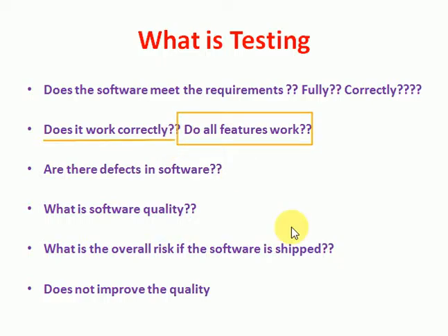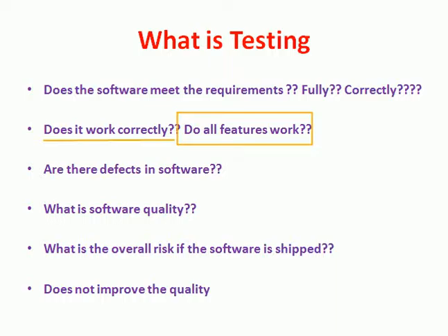Testing means executing the software. So we have to do some operations in the software, we have to enter some data, we have to do some process in the software, then we have to look at the outputs and compare those outputs with what we are expecting. Doing all this, we can find out whether the software is working correctly or not.